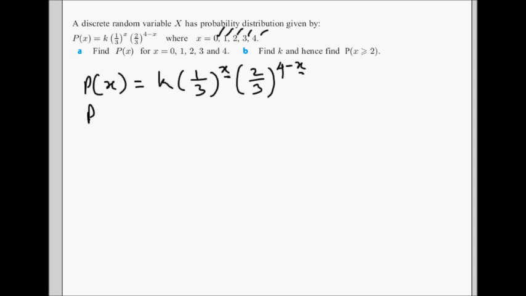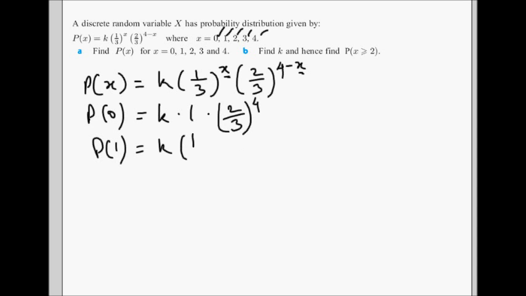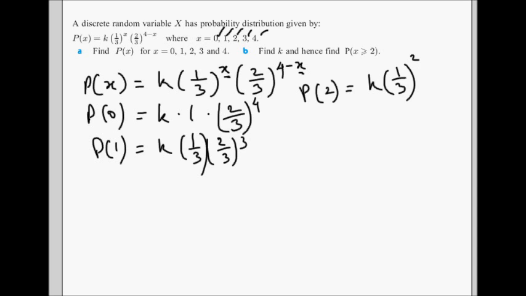So P(0) would be k times (1/3)^0, which is 1, times (2/3)^4. P(1) would be k times (1/3) times (2/3)^3, and P(2) would be k times (1/3)^2 times (2/3)^2, and P(3) and P(4) could be calculated in the same way.